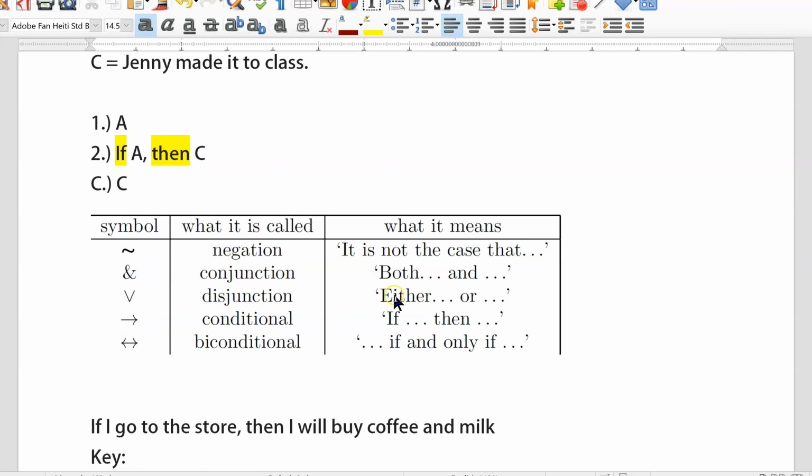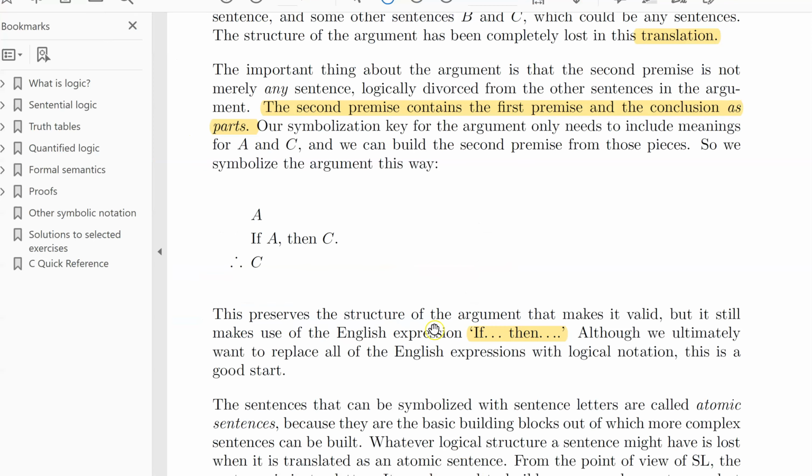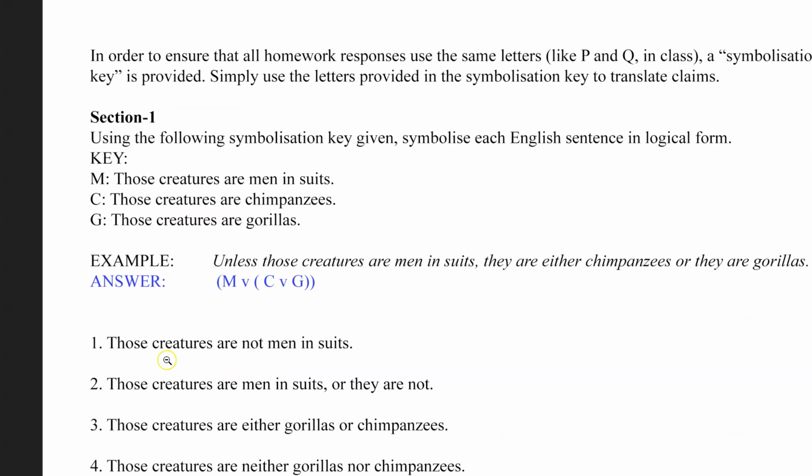And find the either or, and just insert it into our sentences and symbolize it. We will be going over each of the symbols one by one in some future lecture, but this is all you need to complete this homework.